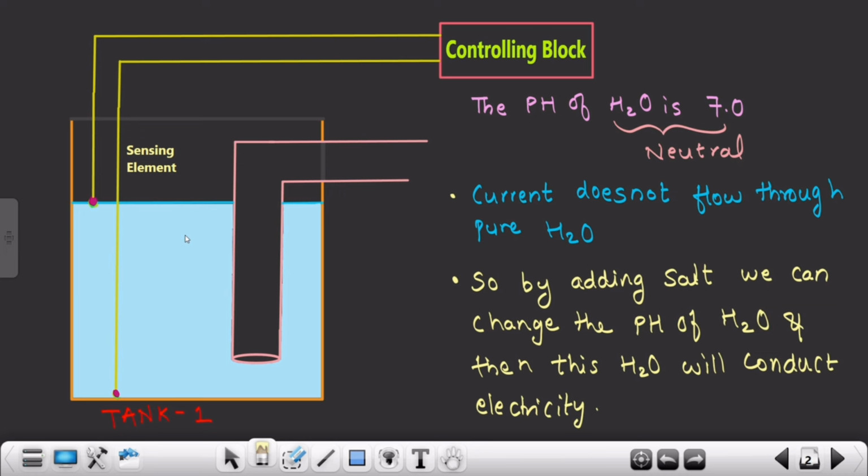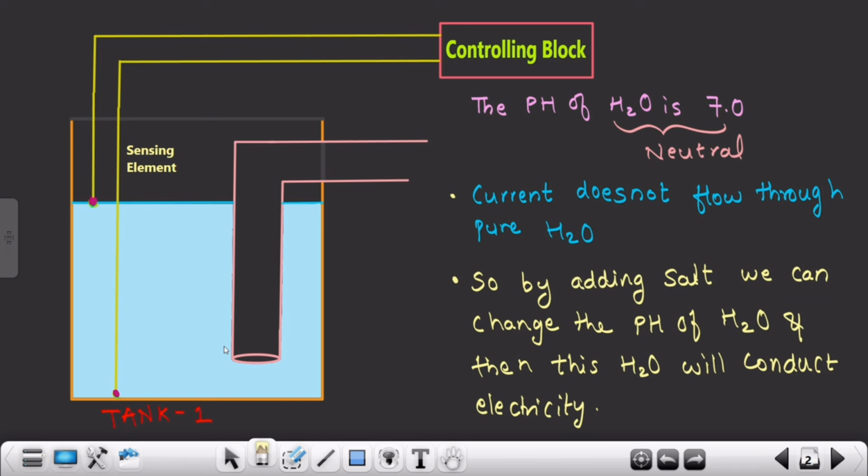If that chemical is quite acidic in nature, it might conduct some current. But again, lots of things need to be considered: whatever current we pass through it shouldn't harm that chemical. But that's a different scenario.